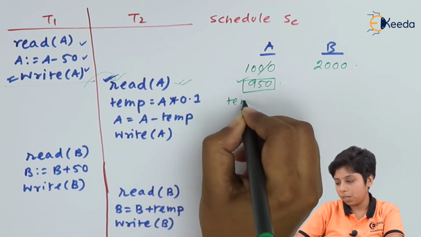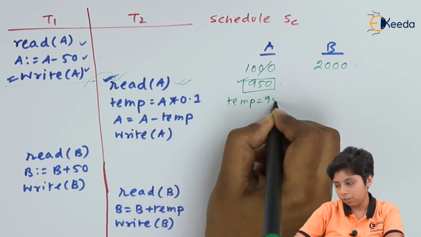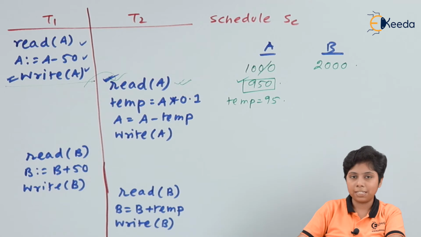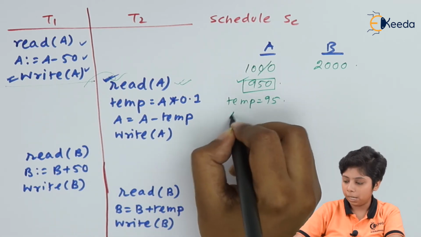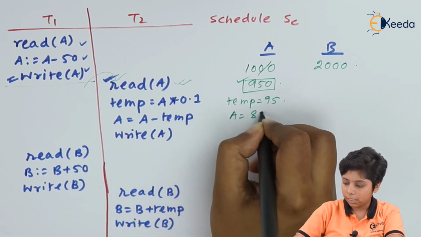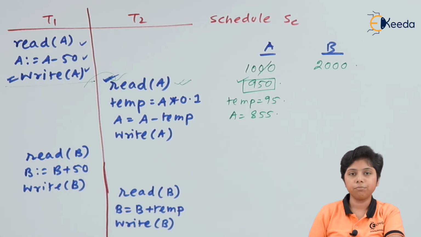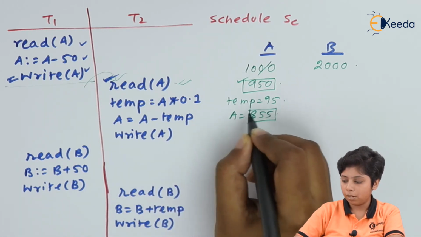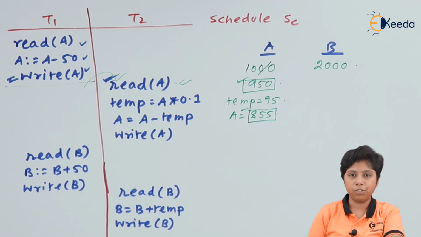So my temp now becomes 95, and now it performs A equals A minus temp. That means my A becomes 855. So I have written A, and my final value of A becomes 855.